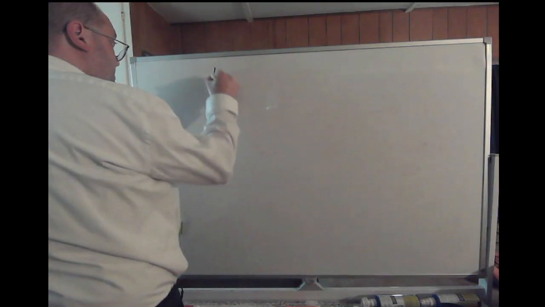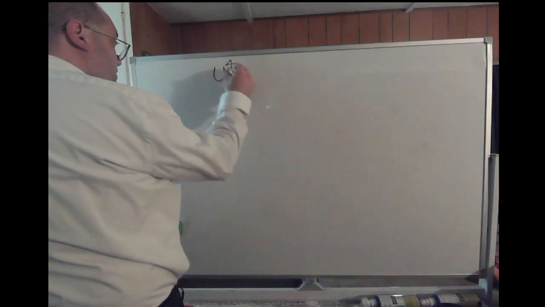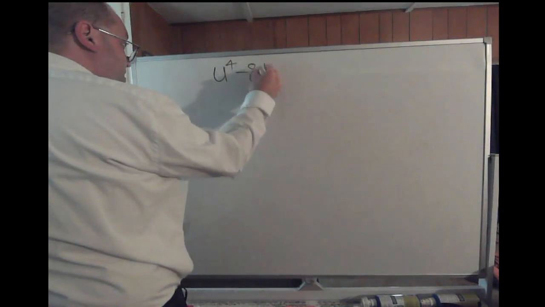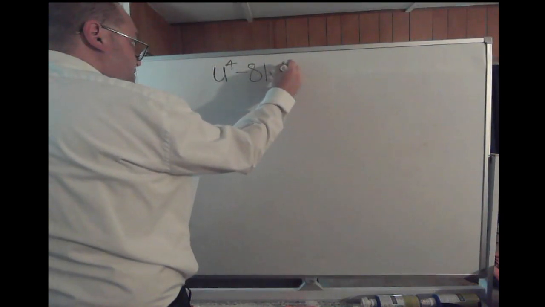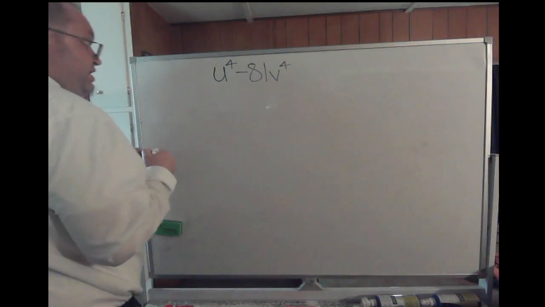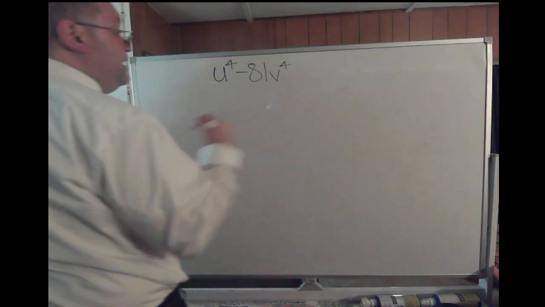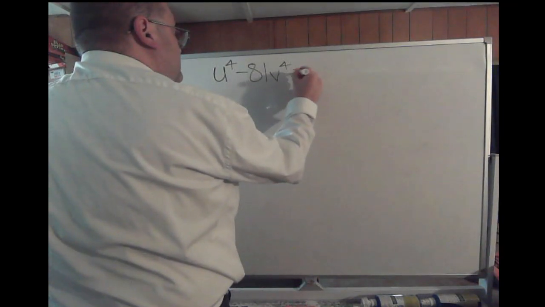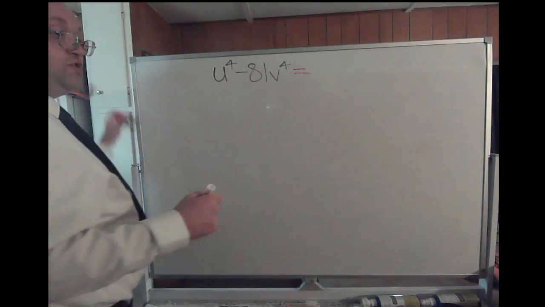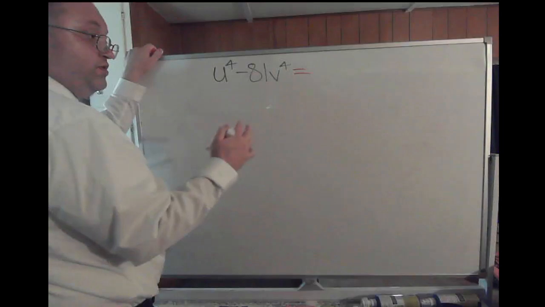Alright, let's see here. u to the fourth minus 81v to the fourth. So we got u to the fourth minus 81v to the fourth. Well, since u to the fourth is your first term, the square root of u to the fourth will stay positive.